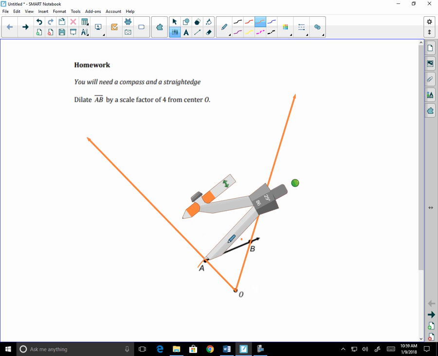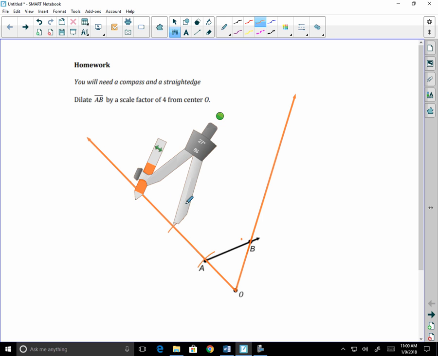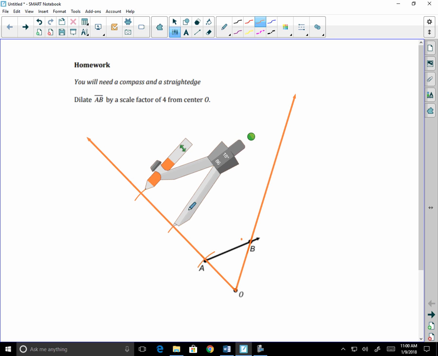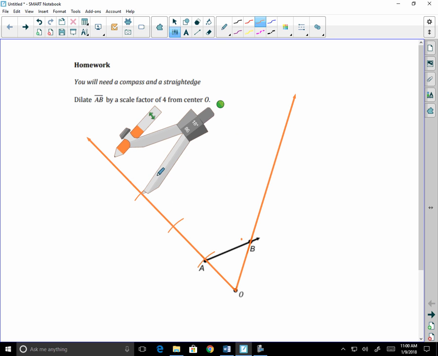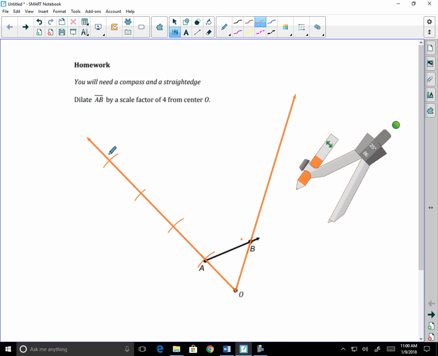I'll then make another arc to double the distance, another arc to triple the distance, and then one more arc to get to that scale factor of 4 that we were looking for. This new location we're going to call A prime.